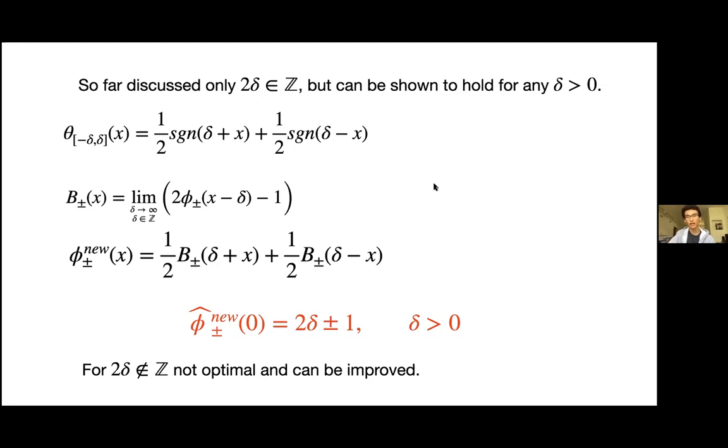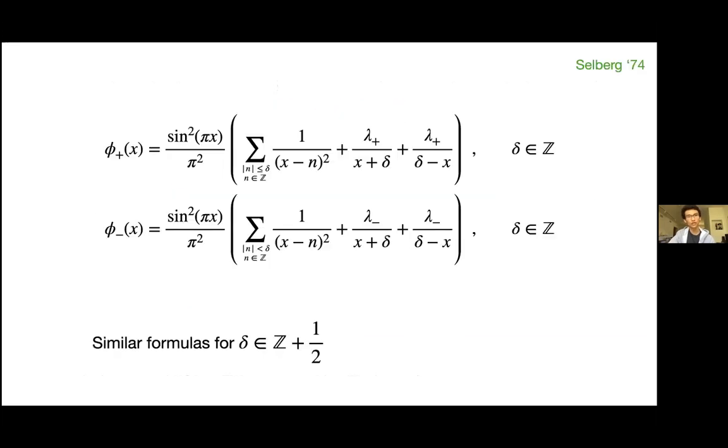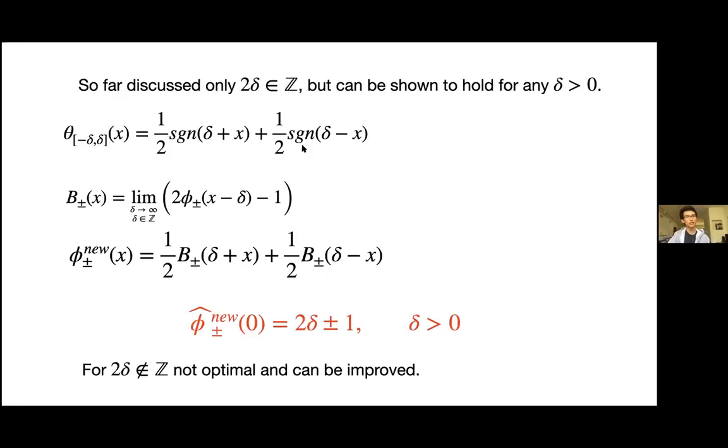So for non-integer delta, it's not completely trivial to generalize these functions because their dependence on this small delta is not analytic, because it enters in this sum. You sum up to delta over integers. So it's not completely trivial, but you can do a trick. And the trick essentially is that you have non-integer delta, and you write this characteristic function as a sum of 2 sine functions. And then first you construct these functions b, which bound these sine functions.